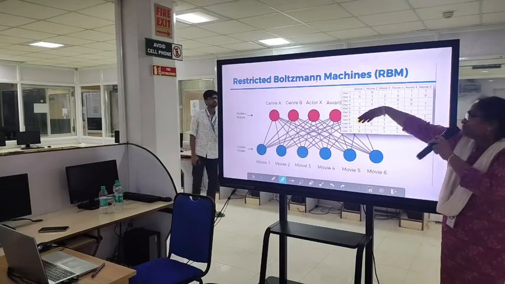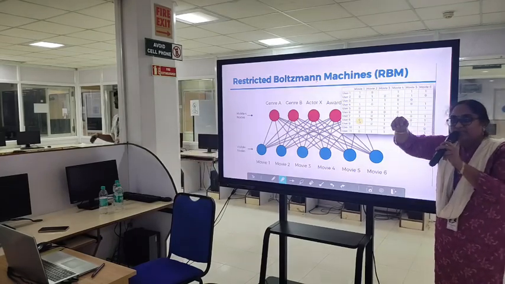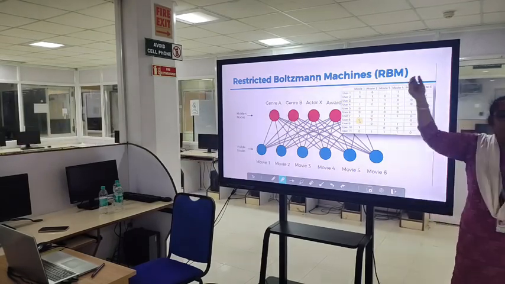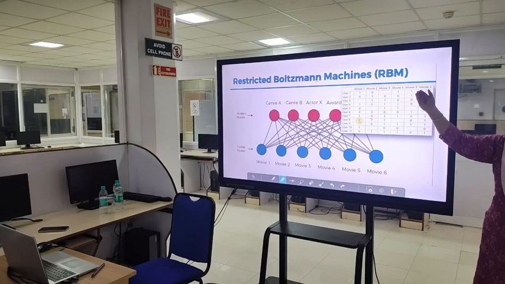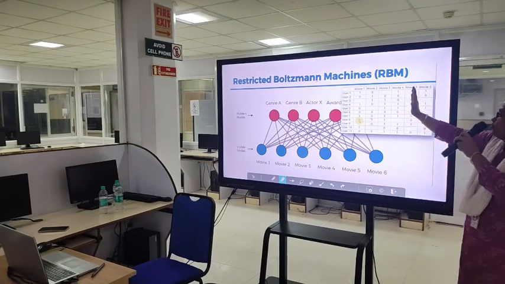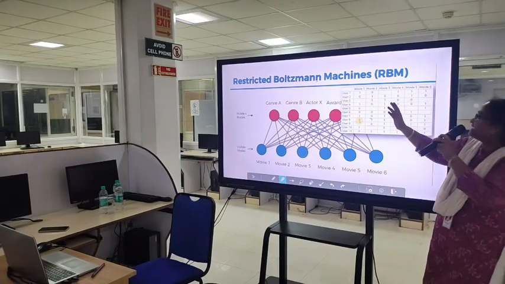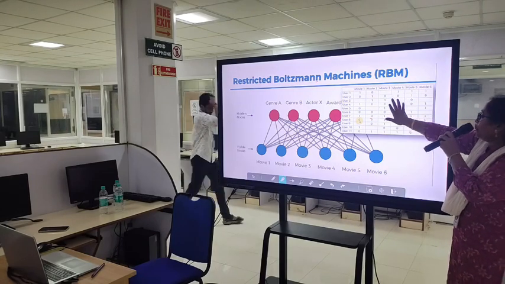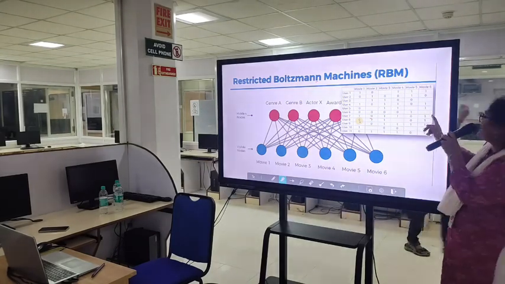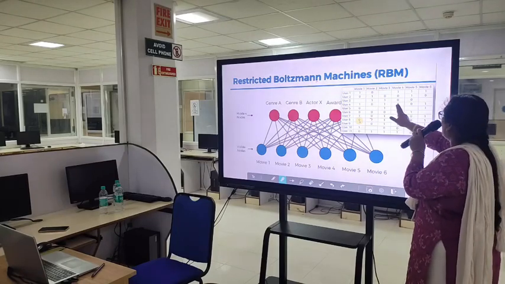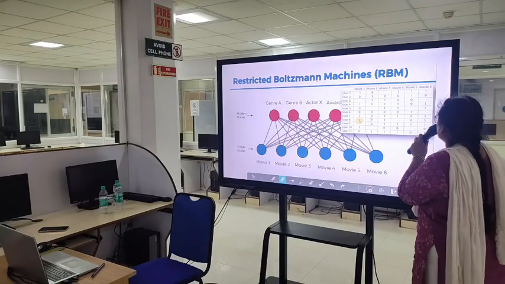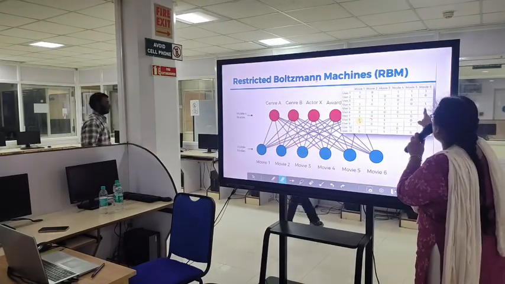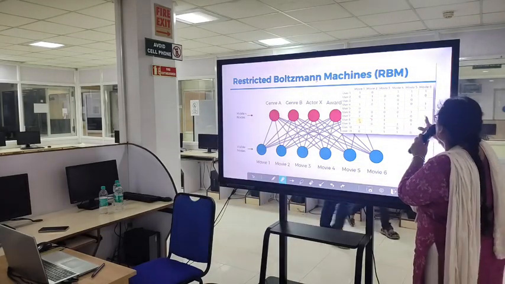One more thing is, you are thinking in terms of user, right? User 1 and user 2 and so on. But look at the column wise also. What I am thinking is, if they are watching movies 3 and 4, they are also liking 6.